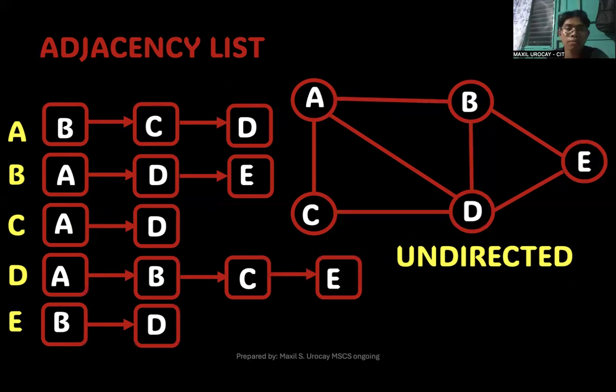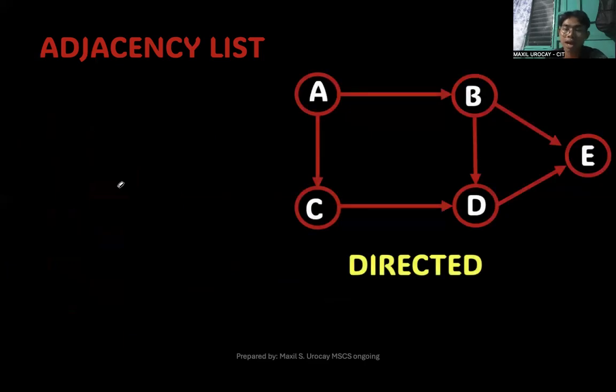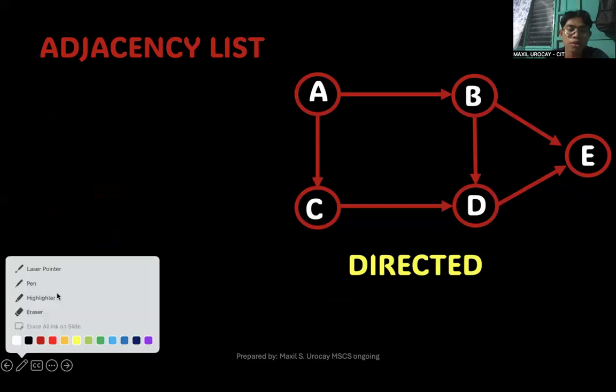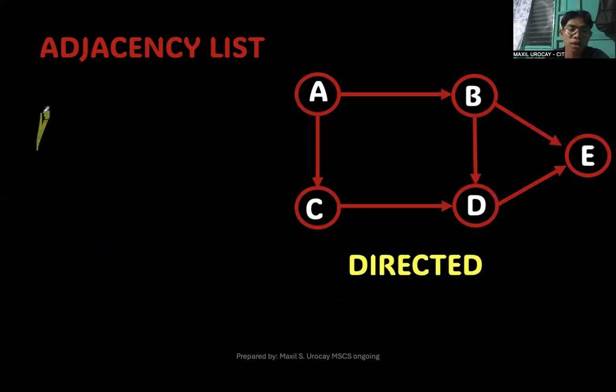Okay, let's move on to the directed graph. It will be the same process that we will do. You have to put the letter A, letter B, letter C, letter D, and letter E. So sorry, it must be A that is pointing.